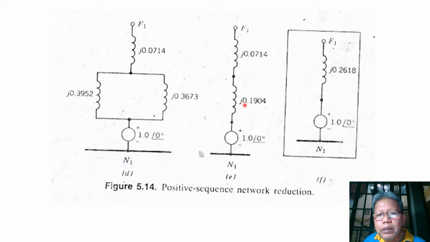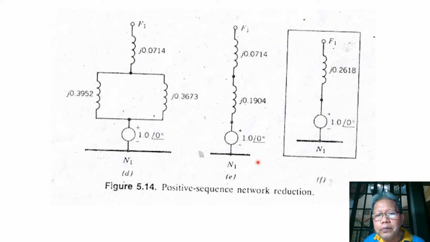With this equivalent reactance of the two, this will now be in series with this reactance here, which we can add because they are in series. So the total is J0.2618, and then we have here the generated voltage of 1.0 at an angle of 0.